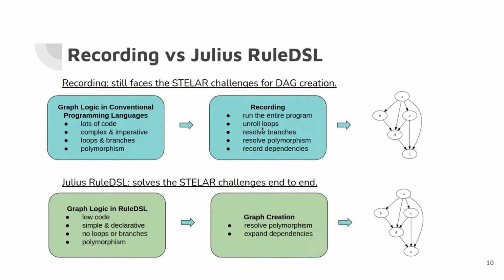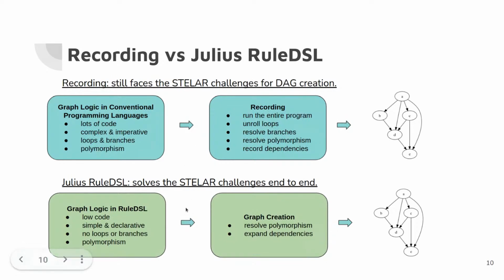And also you have to unroll the loops, resolve the branches, and map out the polymorphism. So this seems to be a lot of wasted effort. You're doing unnecessary work on each of these steps. The reason is that you're not creating the graph using the right tools. You are using something that is not designed for graph creation.